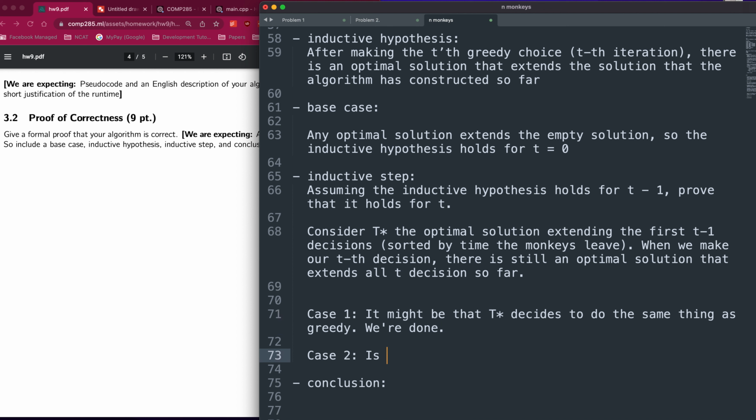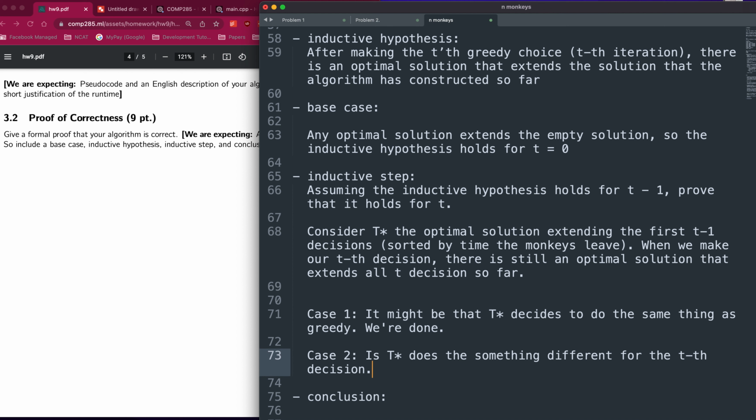Case 2 is T star does the opposite or does something different for the t-th decision, right? So it's like T star is an optimal set of times when you say hello, right? And it's a minimal, right? It's going to be the minimum number of times that you say hello, right?